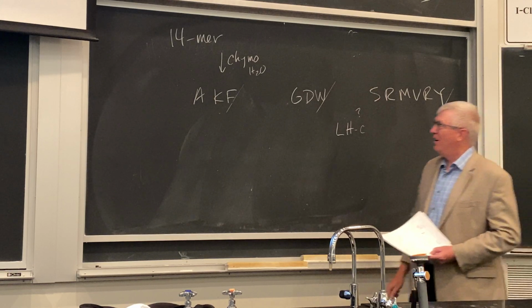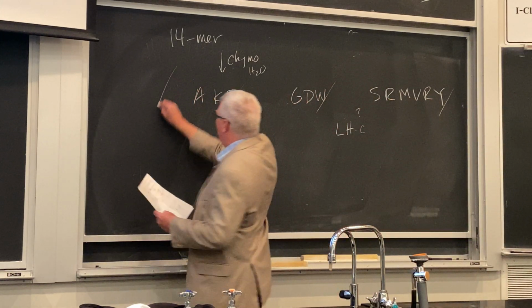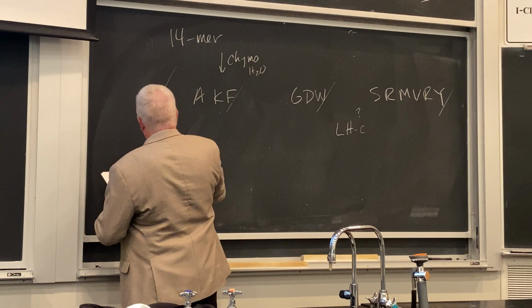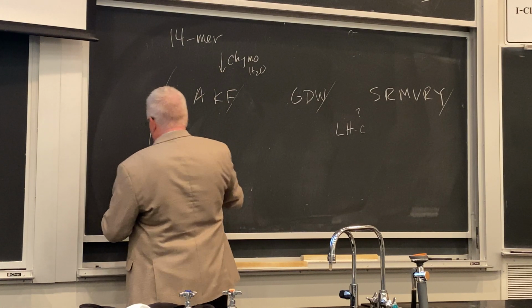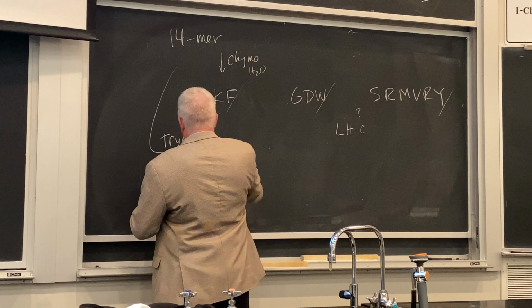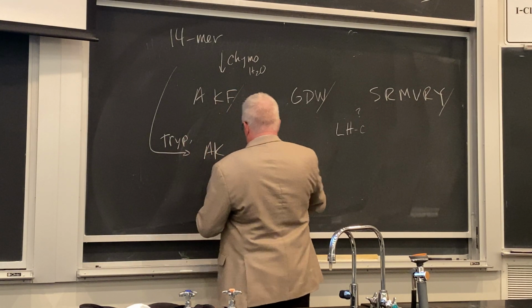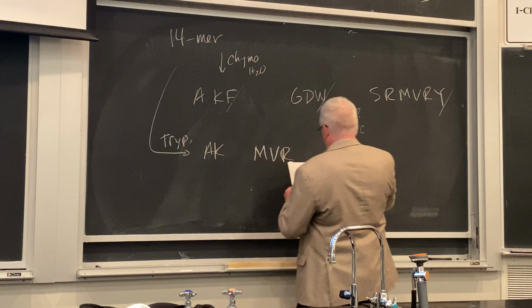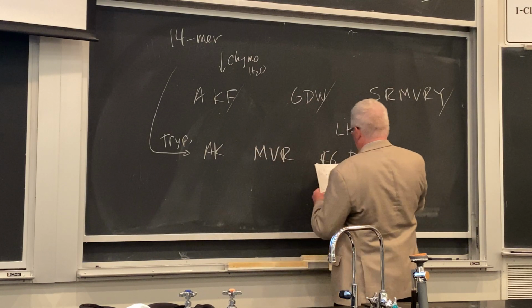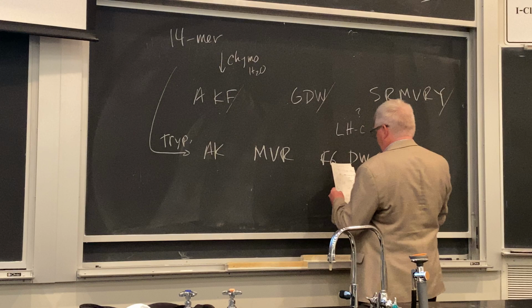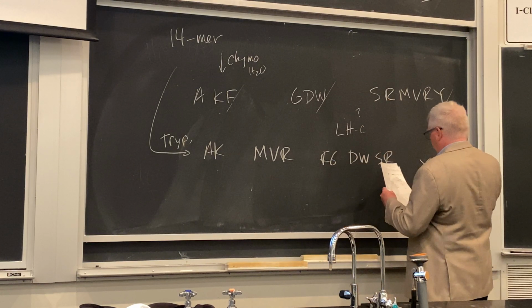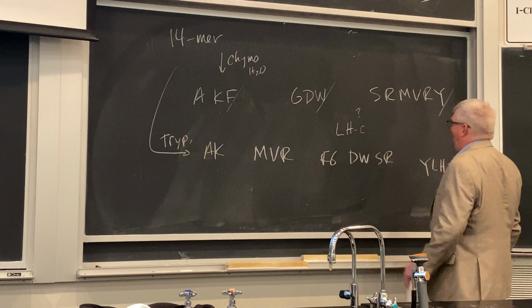Our next reaction is to take the 14-mer with trypsin, so then we get AK, and we get MVR, and we get FGDW, SR, and we get YLH.